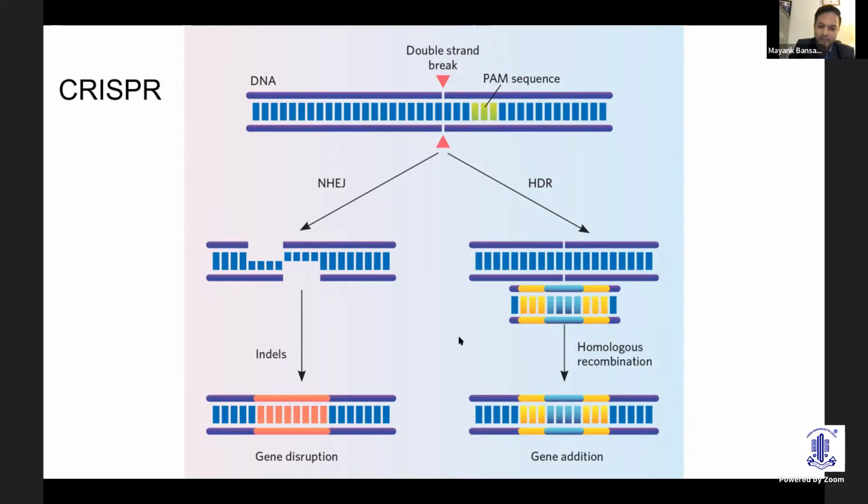Thereafter, we could have the inherent DNA repair mechanism cause something known as homology directed repair, or non-homologous end joining. And like I was sharing, sometimes these do cause insertion deletion mutations whilst the DNA is being repaired.